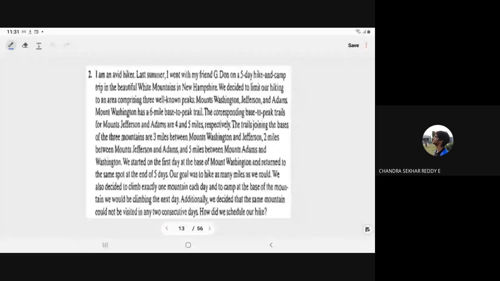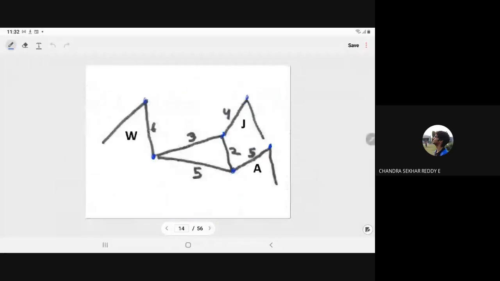Now, the trails joining the bases of the three mountains are 3 miles between Mount Washington and Jefferson. The distance between Mount Washington and Mount Jefferson is given to you as 3, and Mount Washington and Mount Adams is given as 5, and the distance between Mount Adams and Mount Jefferson is given as 2.